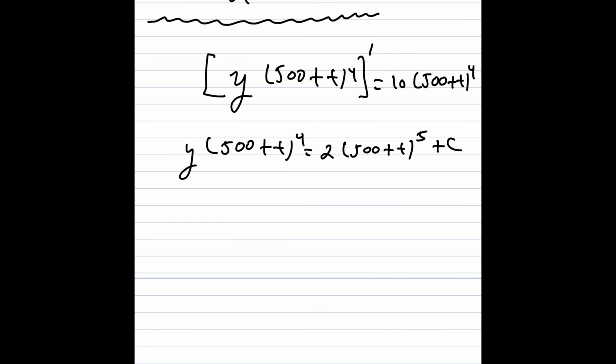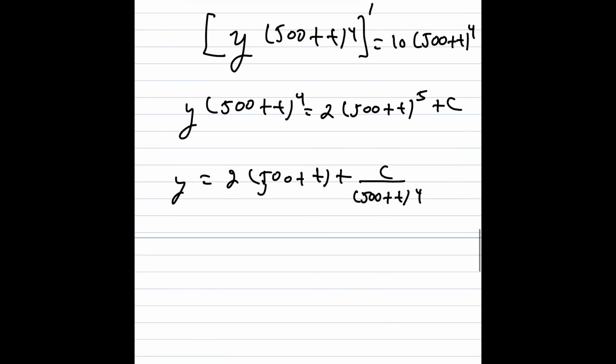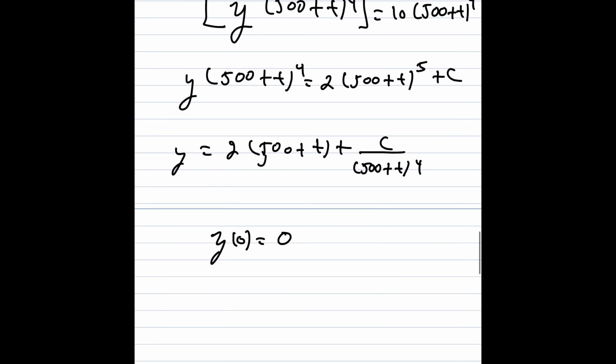And we can go ahead and solve for y. y would equal 2 times (500 plus t) to the 1st plus c over (500 plus t) to the 4th power. So that is it, that's a general solution, describing the amount of salt at any time. But we were given the condition that y of 0 equals 0. We were told that at the beginning you had 500 gallons of fresh water, so no salt was in there.